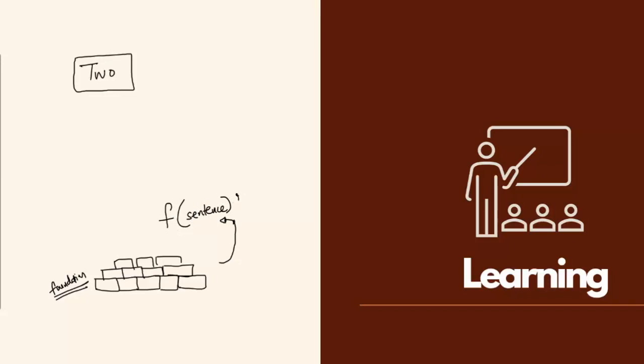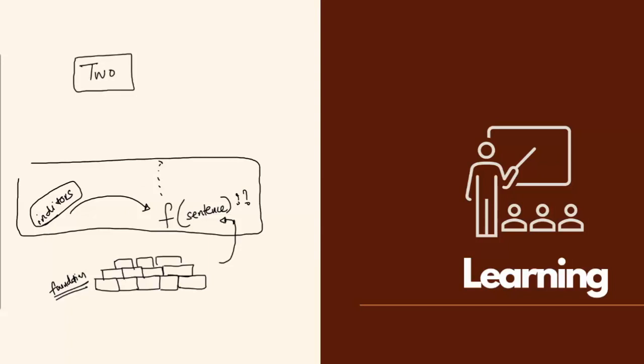What is the function of the sentence? To be able to understand the function and role of the sentence, can I also understand the indicators that are given in the sentence to help us figure out what is the function of the particular sentence? Can I slot that in? Once I understand the function and the indicators, the two very basic skills, ladies and gentlemen, then we can start building other stuff onto the whole thing.